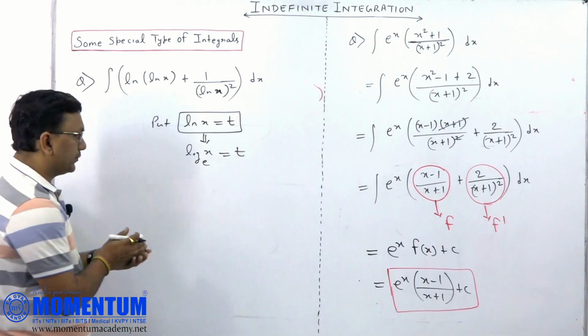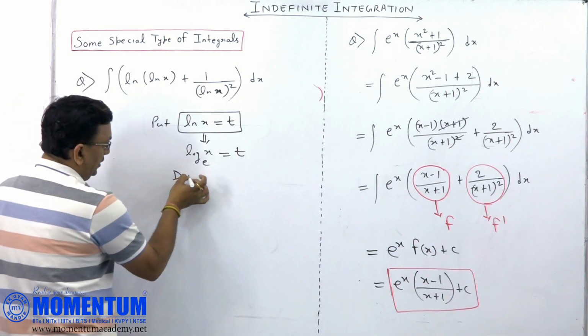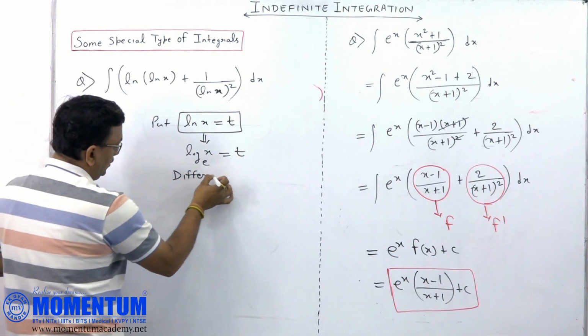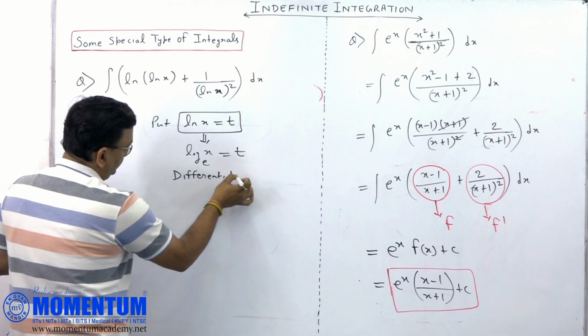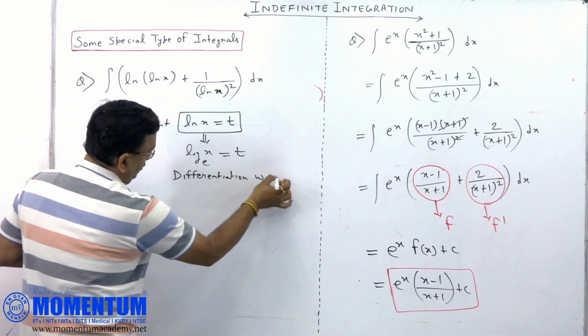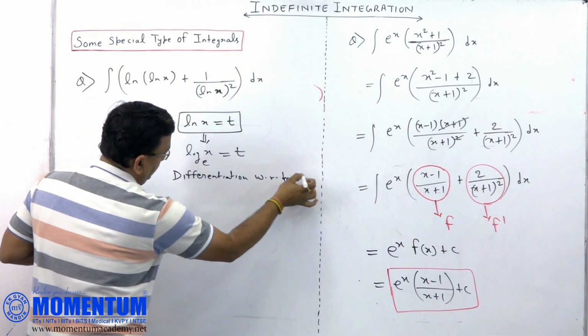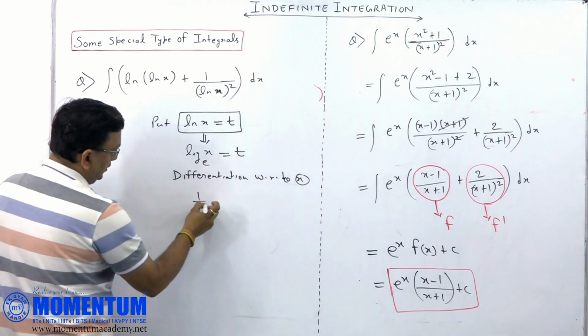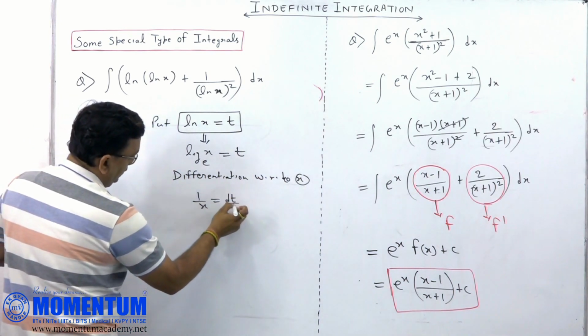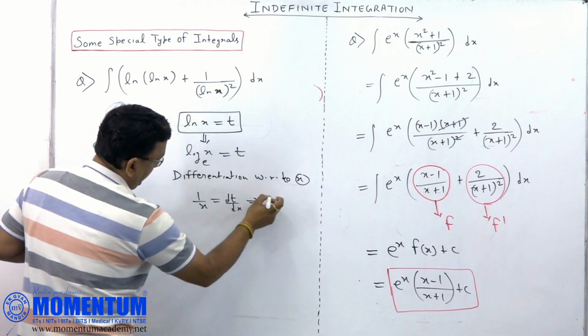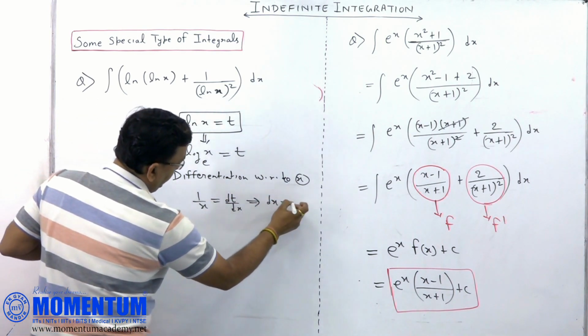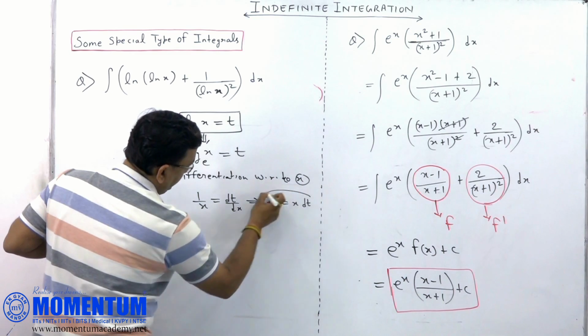How? Let's see. Since we have done substitution, we will have to do differentiation on both sides with respect to x. That means 1 upon x is equal to dt by dx. It implies that dx is equal to x dt.